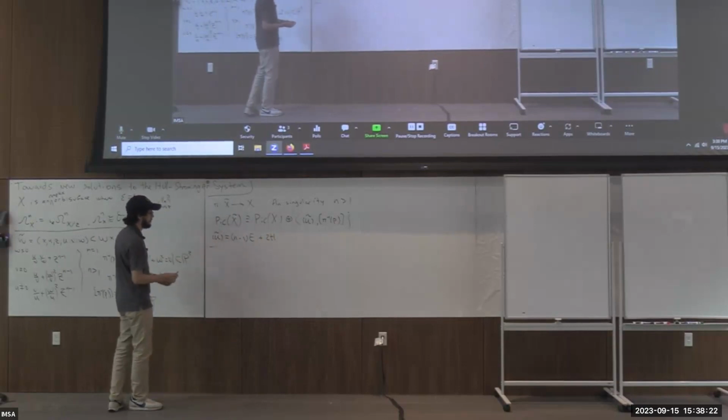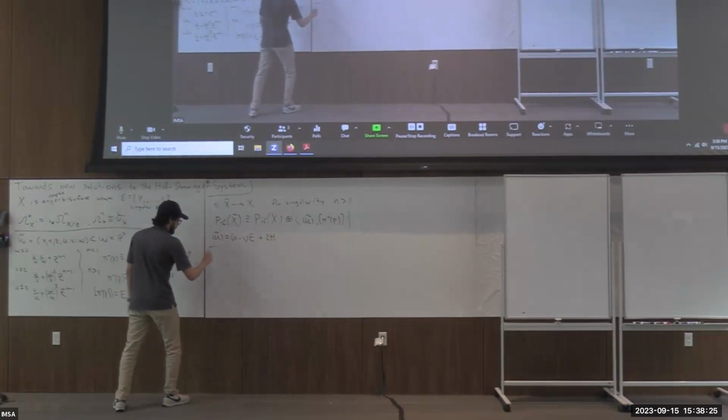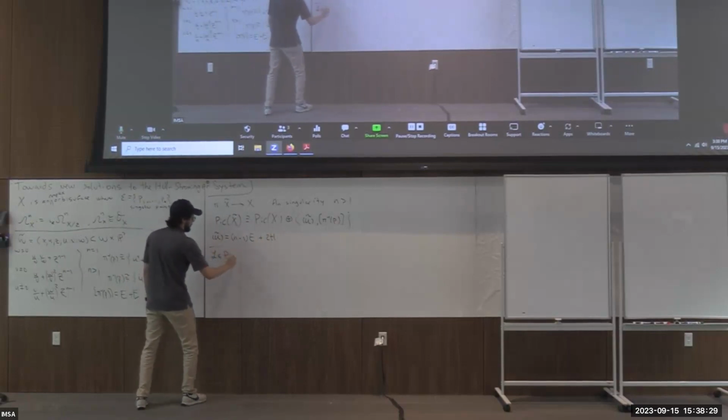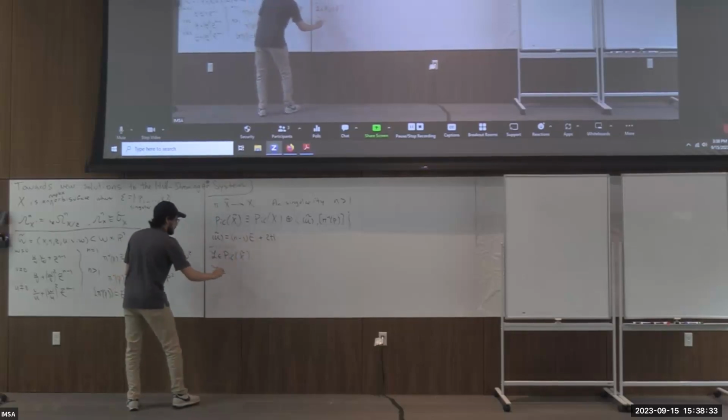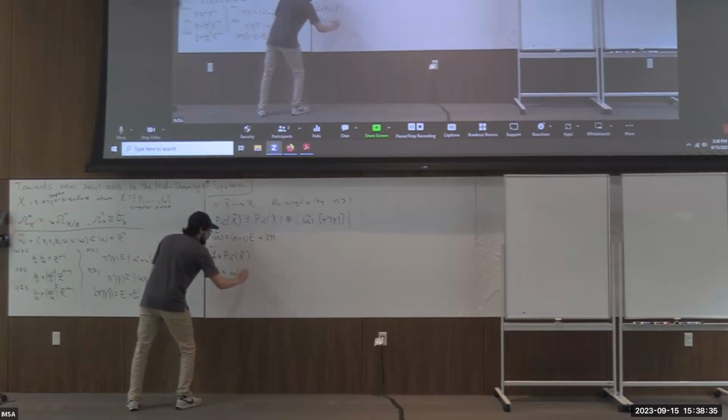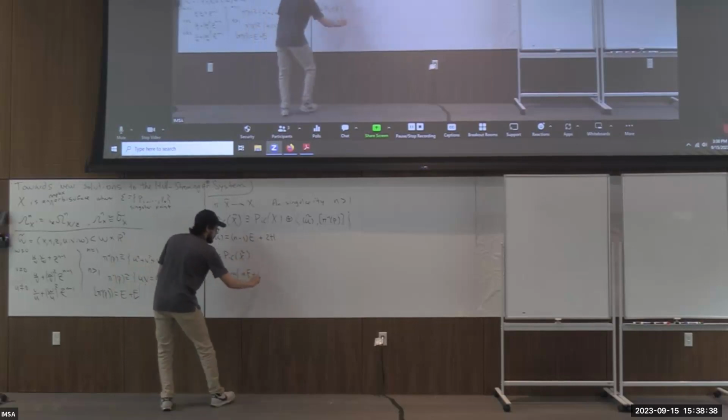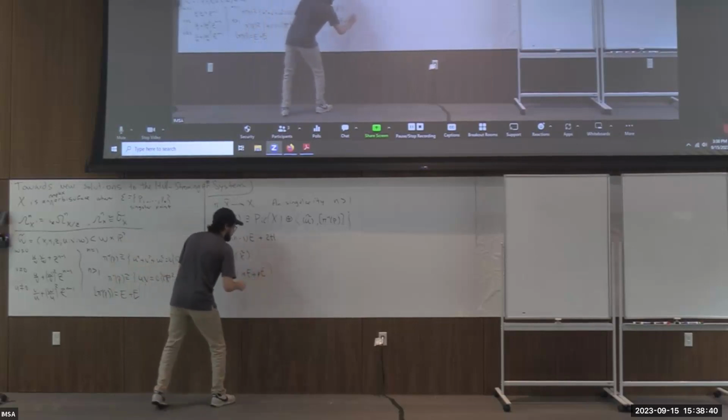Since we know that this is Q-Cartier, I know that for any L in the Picard group of X tilde, L is going to be n times alpha E plus delta E prime.